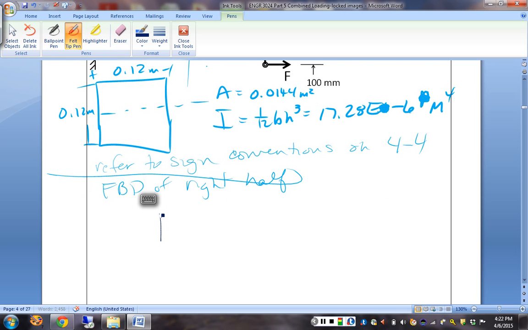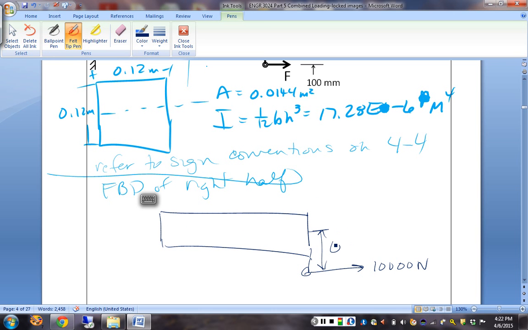So we have, this is my right half, I've got this eye bolt, I've got 10,000 newtons. I know that this distance, I believe, was 0.1 meters. And I have my reference point O on the neutral axis of my cut section.